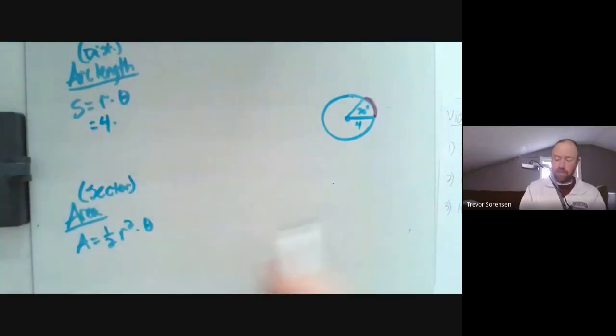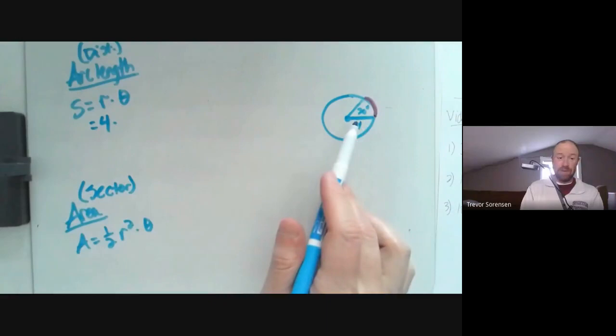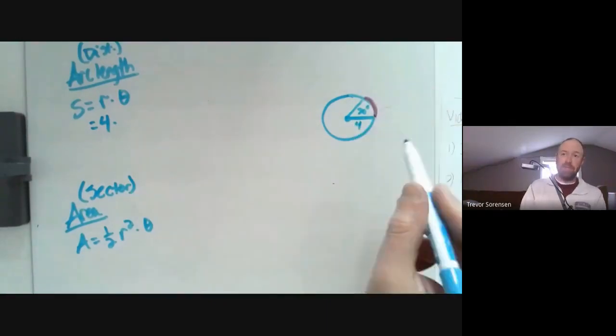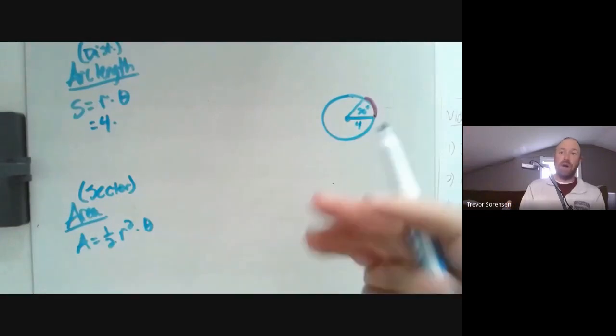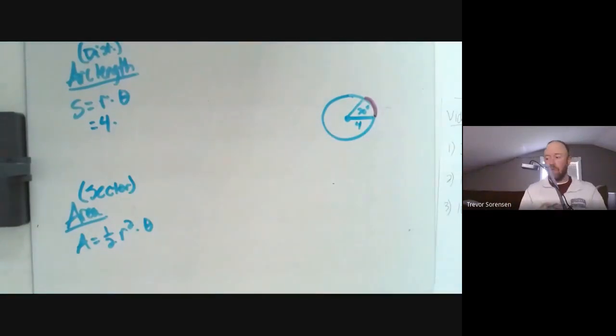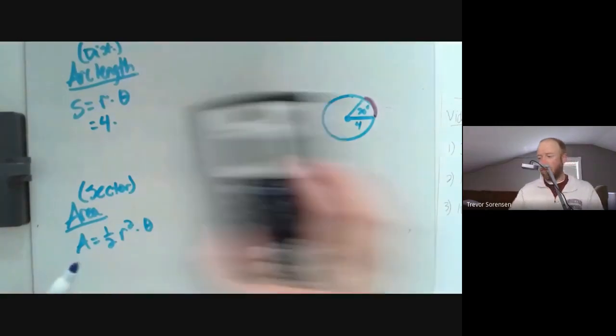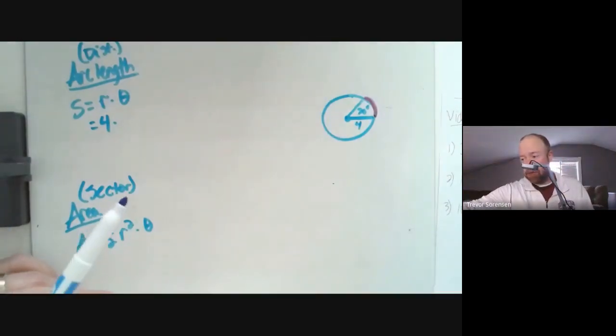So 4 times, but again, instead of using 30, I don't want to use 30 because that's a degree measurement. I want the distance, right? So like the value on the unit circle that it's worth. So we're going to take, and we can use, actually I'll use this since most people have graphing calculators.